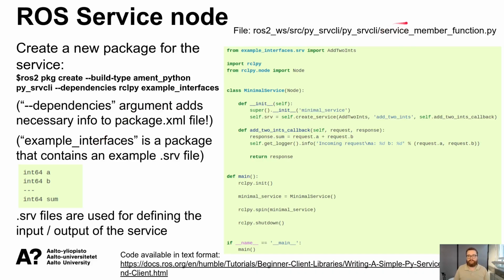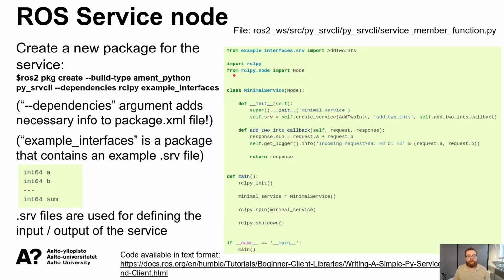This script is called service_member_function.py, and again we are first importing needed dependencies. Here we are importing from example_interfaces the AddTwoInts service interface, which is what I showed here already.